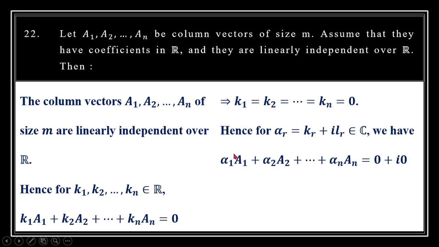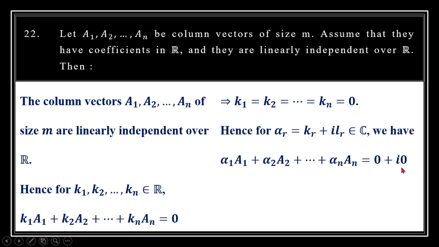If we take all the real parts together and imaginary parts together, we get k1 a1 plus k2 a2 plus ... plus kn an as the real part plus i times the imaginary part, that is l1 a1 plus l2 a2 plus ... plus ln an, equal to 0 plus i0.